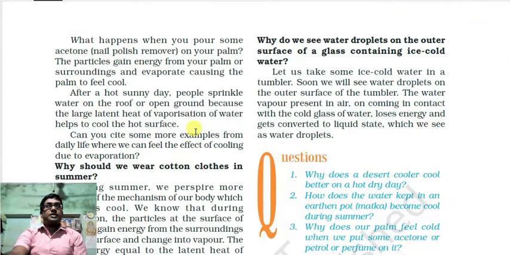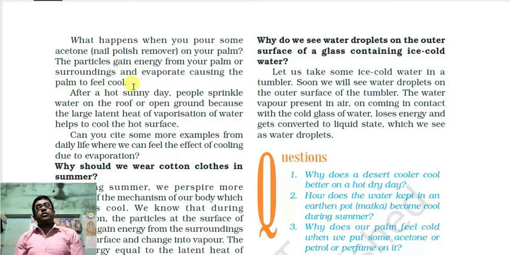Now see on the next page, what happens when you pour some acetone nail polish remover on your palm. The main component of nail polish remover is acetone. The particles gain energy from your palm, the surroundings, and evaporate, causing the palm to feel cool. Clear?